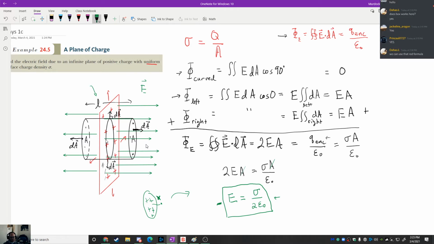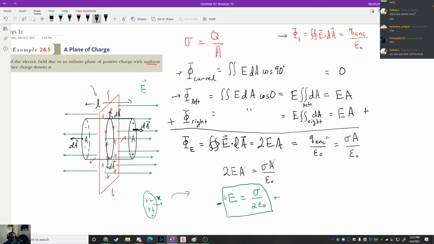Can anyone come up with a more geometrical reason? The only problem I have with your explanation, Cam, is that it assumes the solution in a way. Like, yeah, the electric field lines are evenly spaced because I know that it's constant, right? That's all I'm saying.